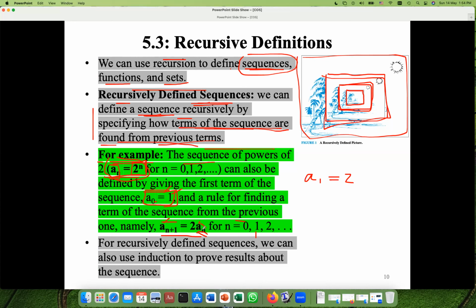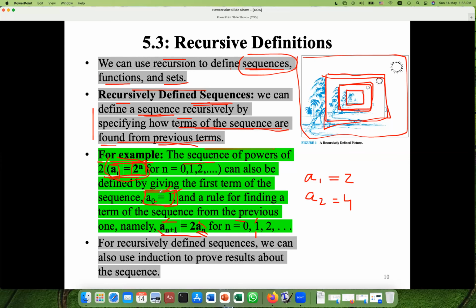Anyhow, now we have A0, we have A1. Now put 1 here: when n is 1, 1 plus 1 becomes A2, and here A1 is 2, so 2 times 2 is 4. So A2 is 4. And in this way you can go on and find your whole sequence.